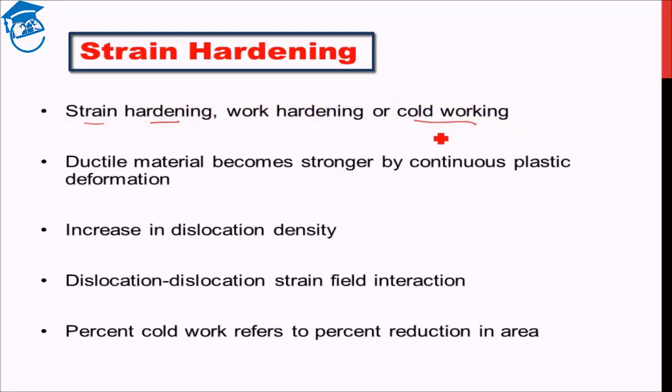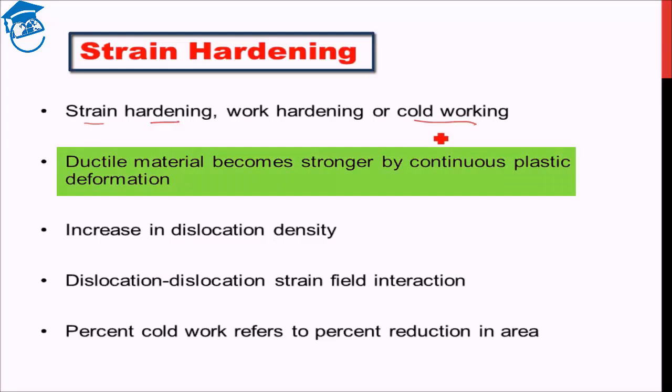Now the idea is that ductile materials, if you strain harden them, will become stronger due to continuous plastic deformation. So continuous plastic deformation leads to strengthening of the body.